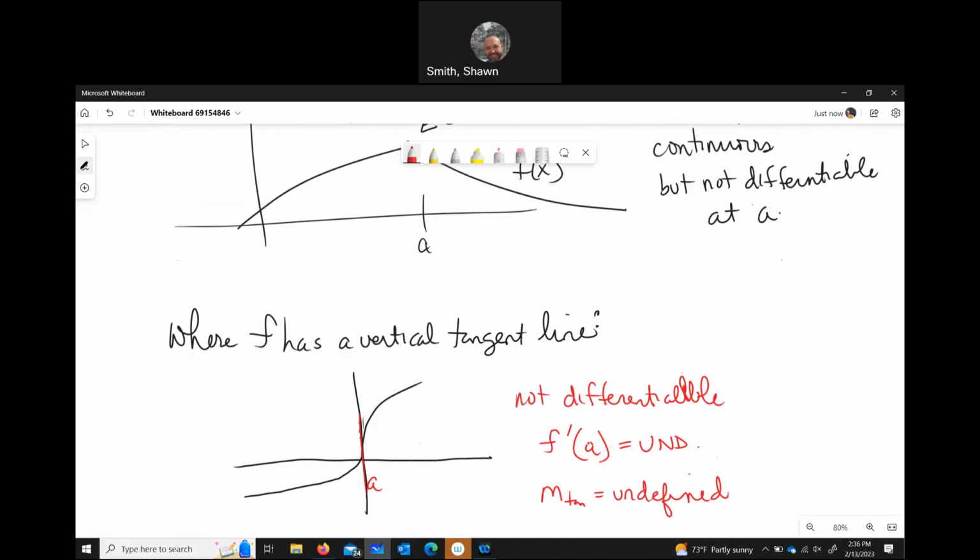So when you say it's not differentiable, it means I have something undefined.